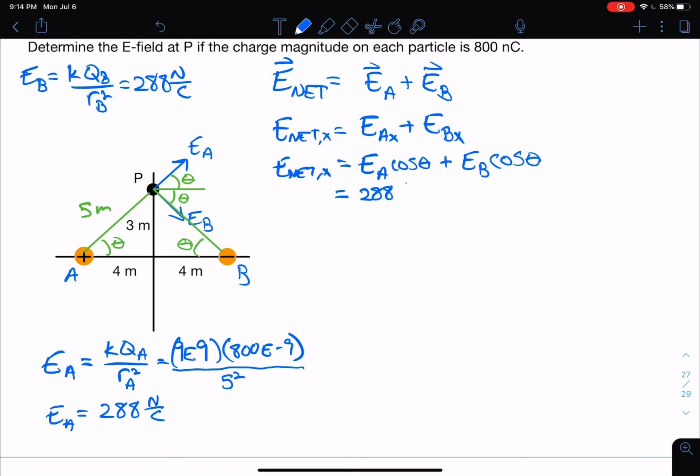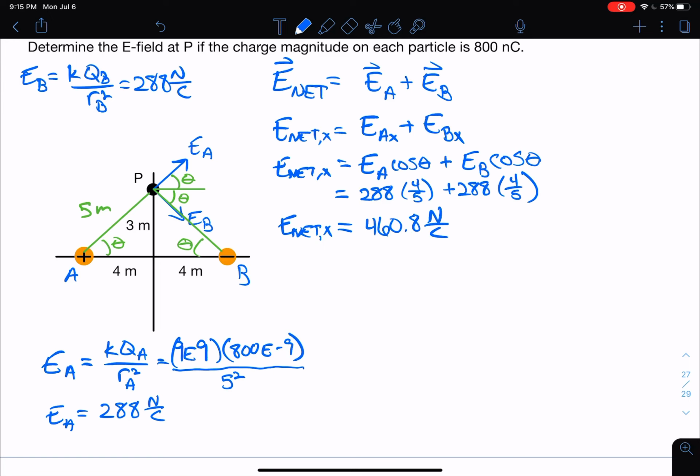So that's going to be 4/5. And that works out to be 460.8 newtons per coulomb. So now I know the x component of my net E field.